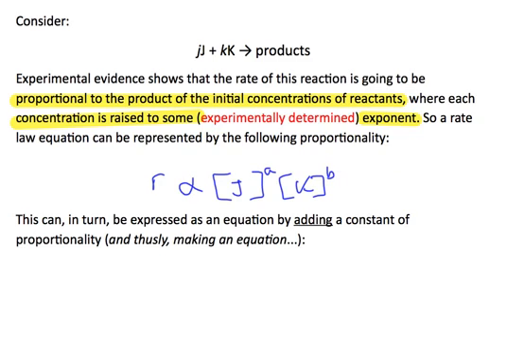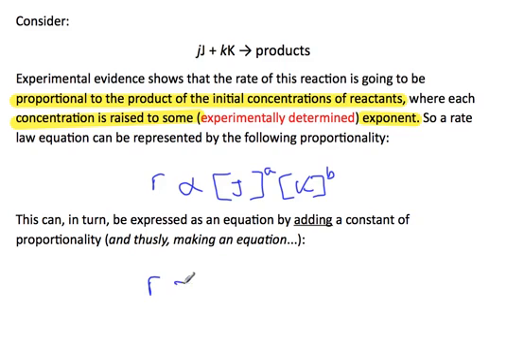And those exponents can be, well, anything. They're experimentally determined. The reason I've put A and B here is to drive home the fact that it is not necessarily from a balanced equation. It is not necessarily lowercase j and lowercase k as the exponents of the concentrations. It could be, but it doesn't have to be. Okay, so then we get a constant of proportionality, which we get again by graphing, as you'll see in a minute, and we can then express this as a rate law.